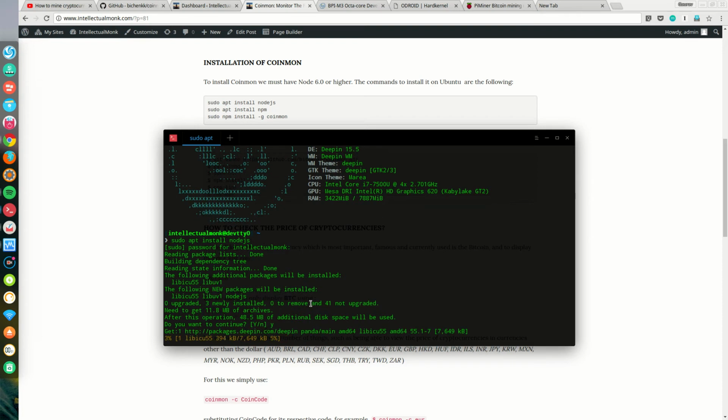So keep in mind that this Node.js is the main requirement, and you have to install Node.js before you can run Coinmon.